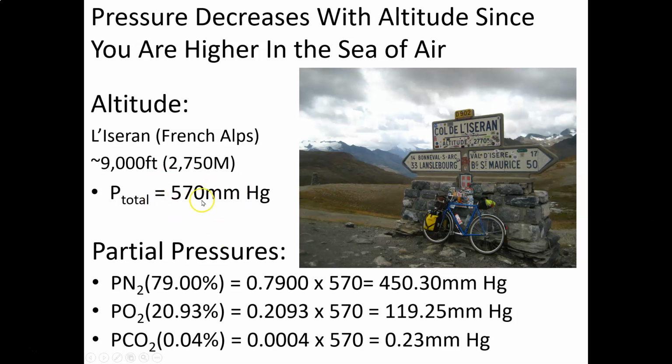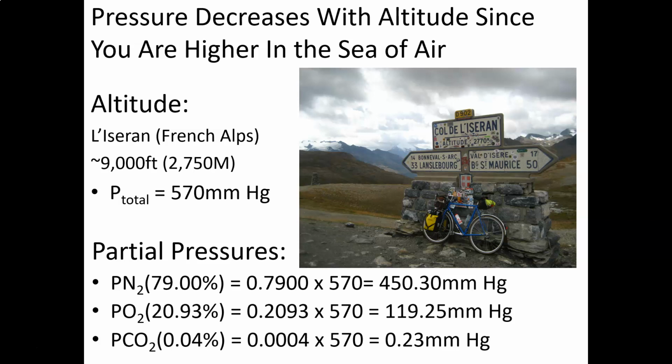Why is the total pressure less? Since now we're 9,000 feet above the Earth's surface, we have 9,000 fewer feet of air sitting on top of us. Since there's less air on top of us because we're higher up, sometimes they call that thin air, the total pressure is less.